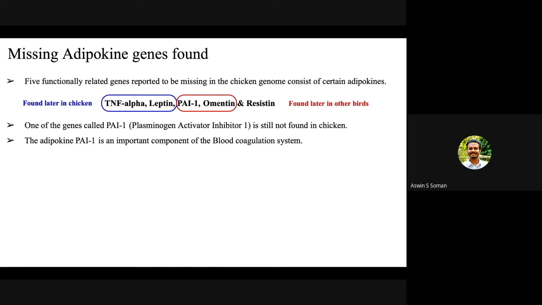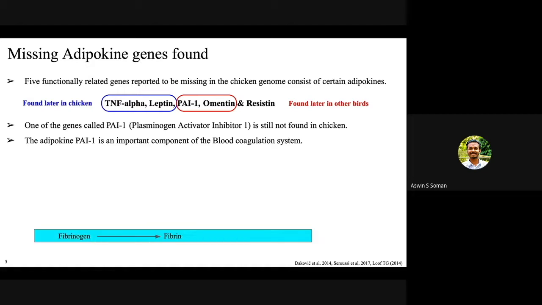Now, if we look at the blood coagulation system, at its core, it's just an interaction between three molecules: fibrinogen, thrombin, and plasmin. During clotting, a fibrous soluble protein called fibrinogen becomes active fibrin, which is a clot maker, and the process is called coagulation.